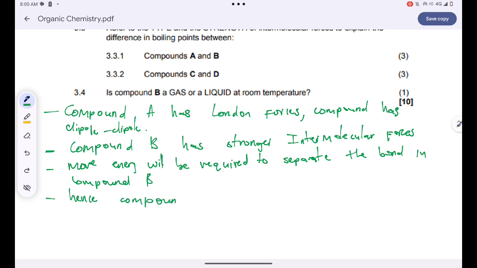Hence compound B has a higher boiling point.